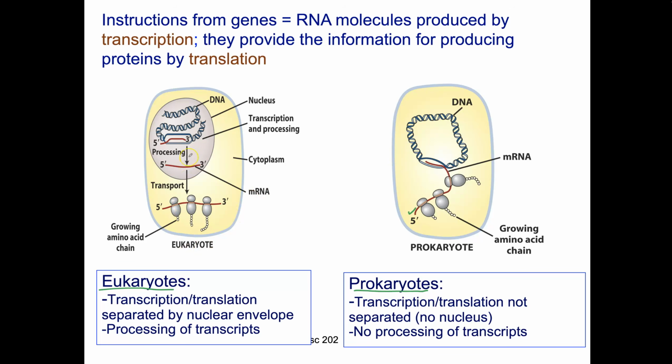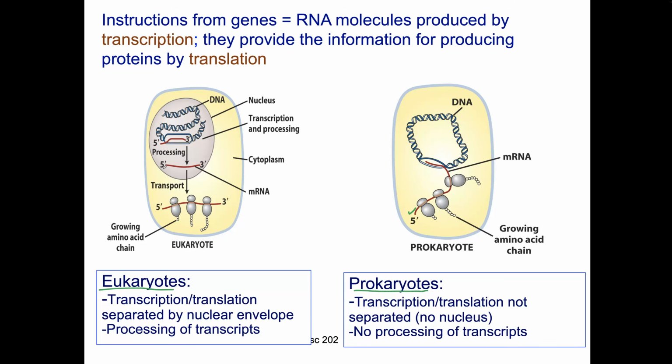In eukaryotes, there's more to it because the DNA is housed in the nucleus, which is a separate little compartment in the cell. The transcription takes place there, the messenger RNA copy is made, and then there's a series of processing steps that we'll talk about a little later in the lecture that have to occur before the message is complete.